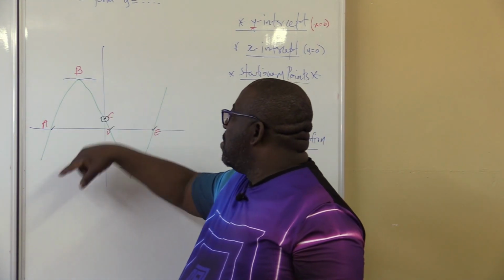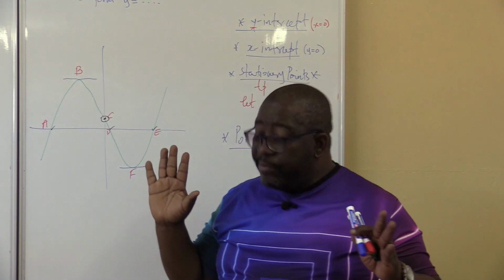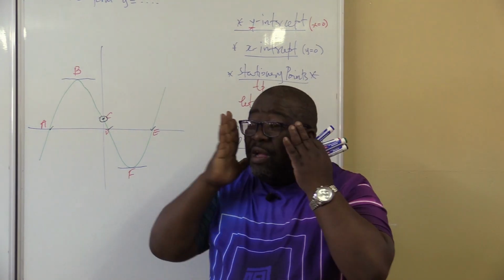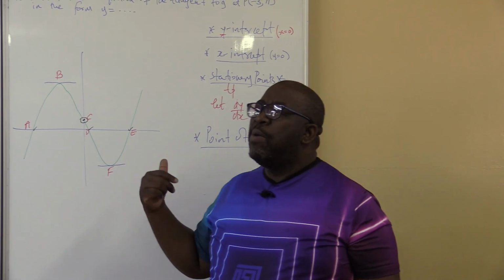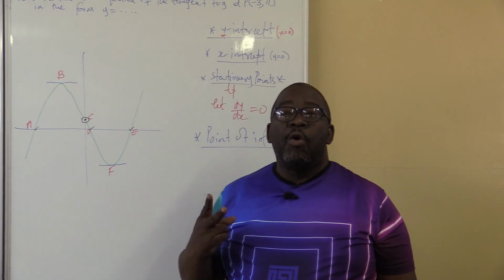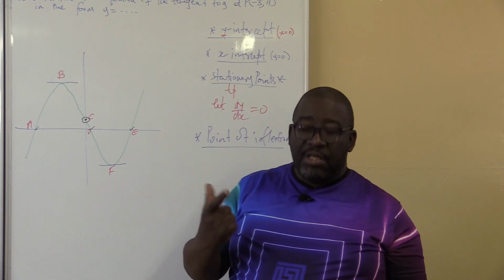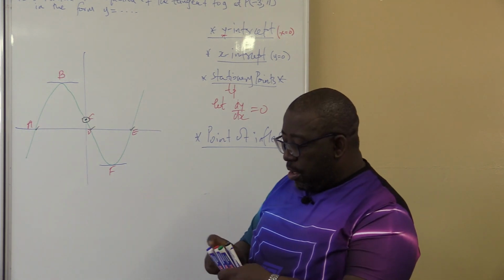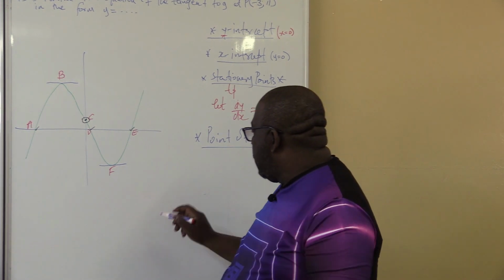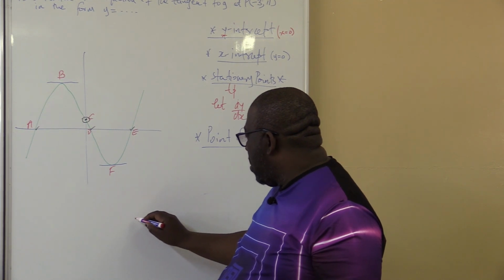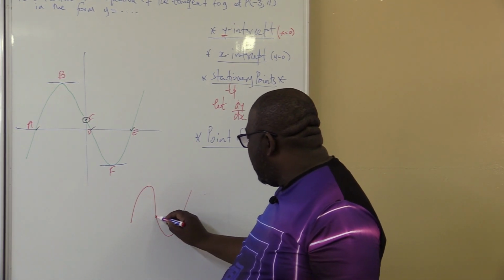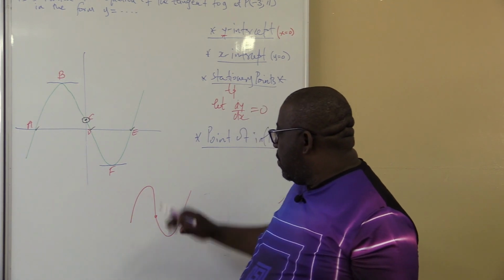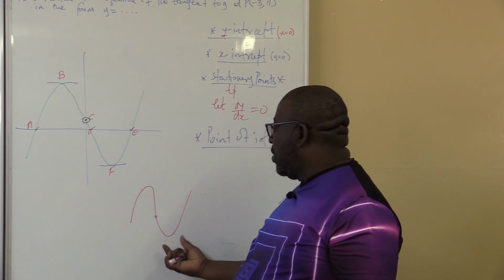The graph comes here and turns. If you look at this and think of the background, you must be able to see that it is made out of two parabolas: one that is facing down and another one that is facing up. This one is facing down, it's a parabola. This one is facing up.